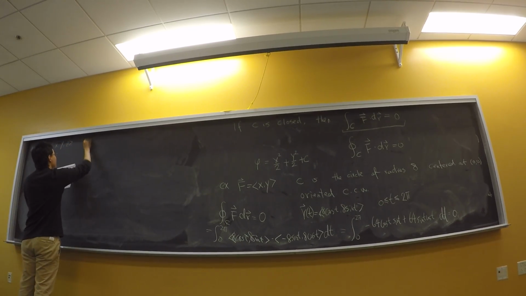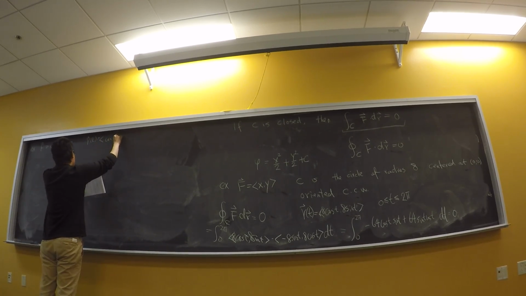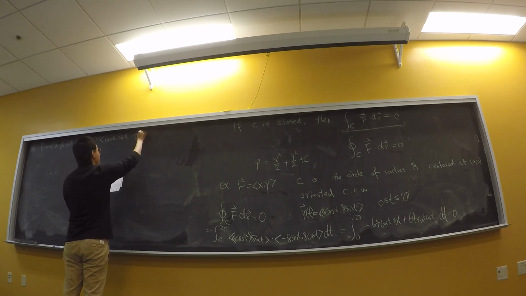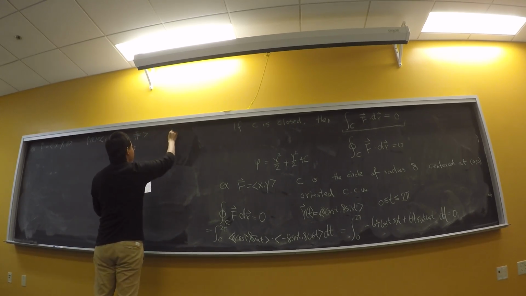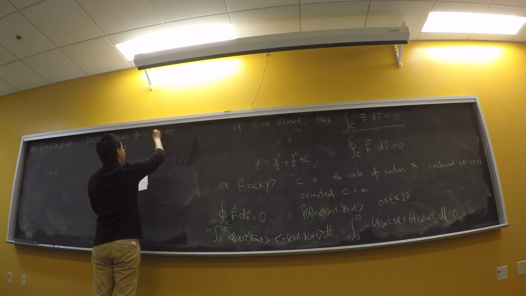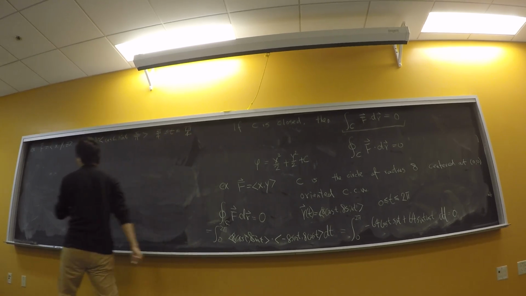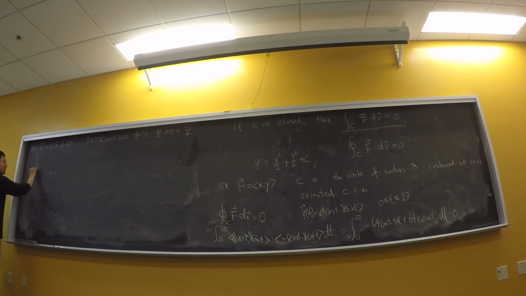And r(t) is given by cosine t, sine t, and t divided by pi, where t goes from 3 pi divided by 4 to 7 pi divided by 4. So I want to compute the line integral of this vector field with respect to the curve C.